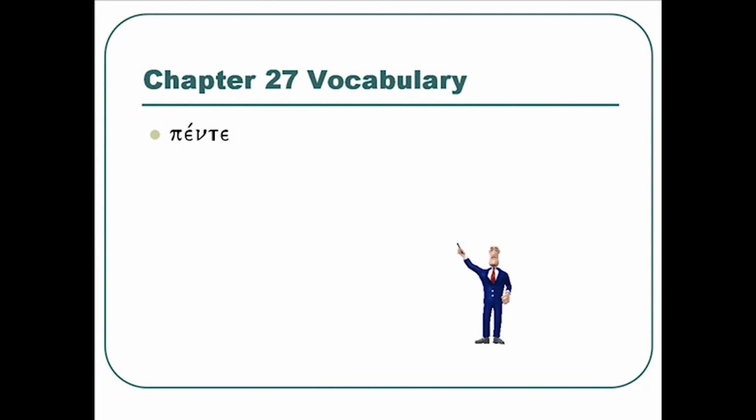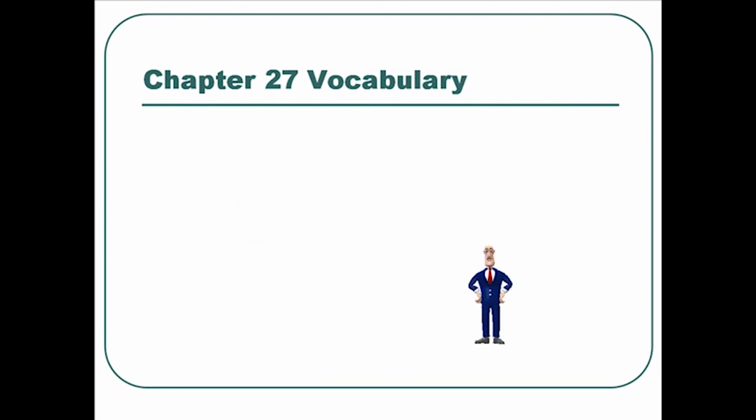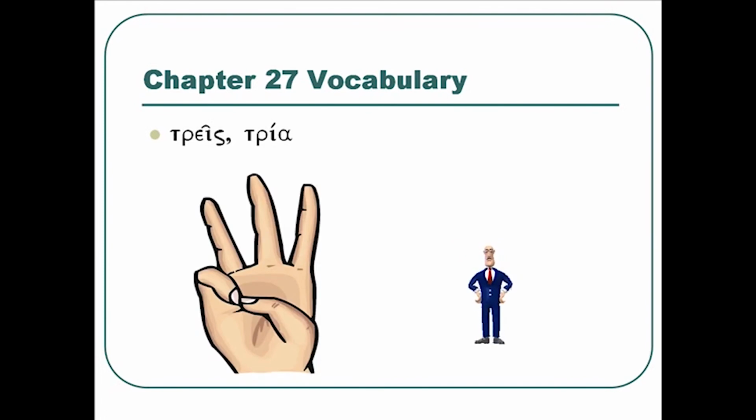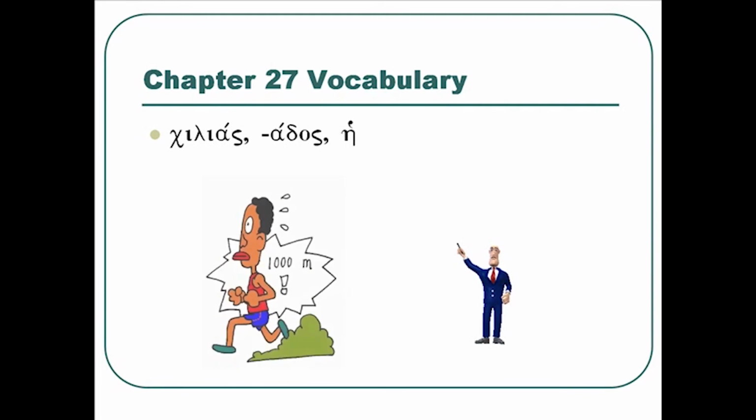The eighth word is penta, and it means 5. The ninth word is treis, tria, and it means 3. And the 10th word is chilias, and it means 1,000.